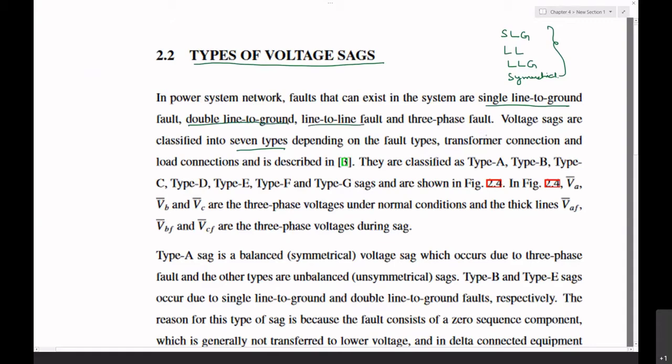Based upon this, and upon the transformer connection and the load connections, the voltage sags are classified into 7 types depending on the fault types, transformer connections and load connections.